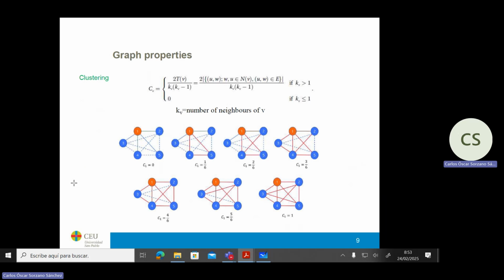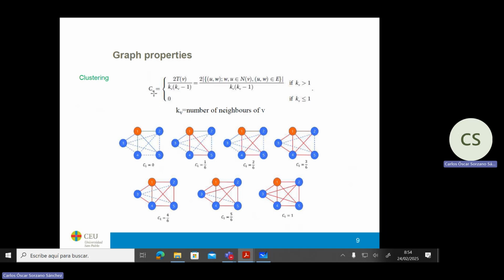So one of the things that you can define are quantitative measures of graphs. Quantitative means given a node or given a graph, we will make some calculation and come up with a number. So for instance, here I'm counting the number of neighbors of V, that I will call KV, and then I will define the clustering of a node.